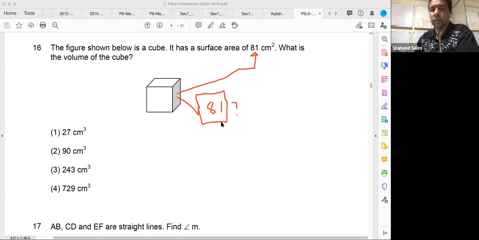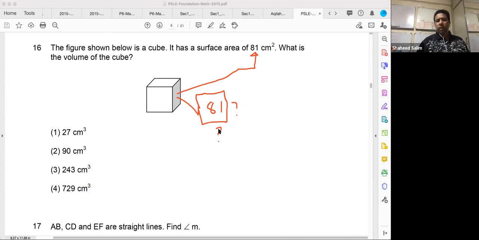What is each side? Three. Well, let us find out what is one side.